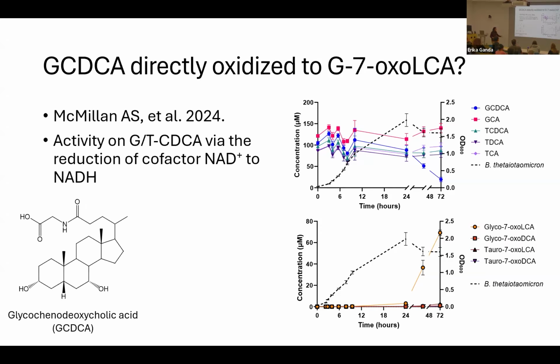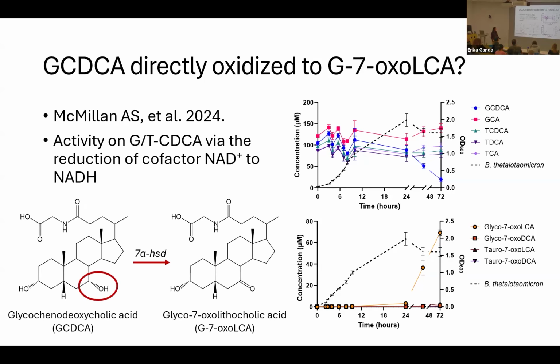So I was thinking what's probably happening is that GCDCA is being directly oxidized into a secondary bile acid, bypassing that first required deconjugation step that's in the literature.